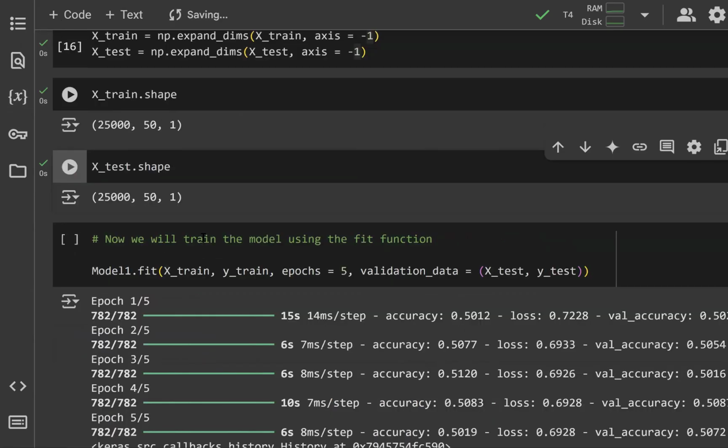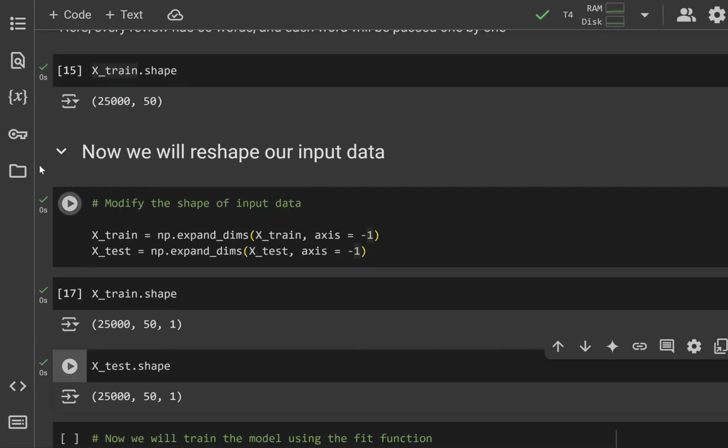I didn't understand what np.expand_dims is. See, right now the shape is 25,000, 50, but we need 25,000, 50, 1, because every review has 50 words and 50, 1 is the shape of a single review.